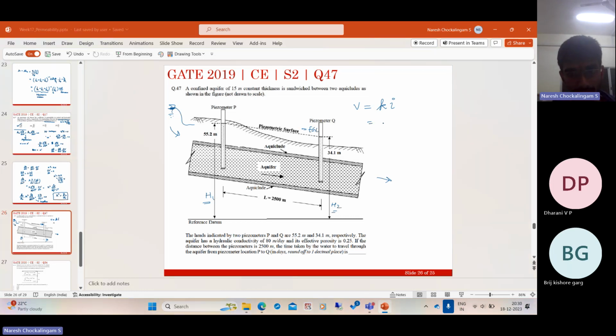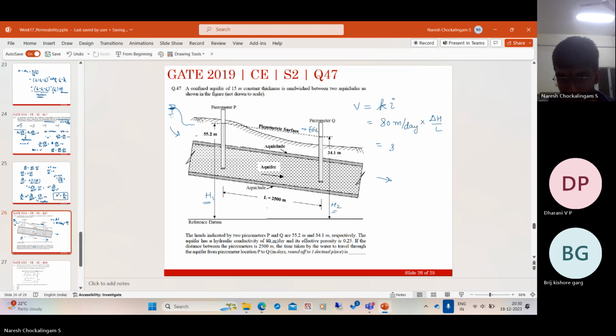What is the permeability? Permeability is 80 meters per day. So hydraulic conductivity is the other name for permeability. It's 80 meters per day into the hydraulic gradient. What is hydraulic gradient? Delta H by L.